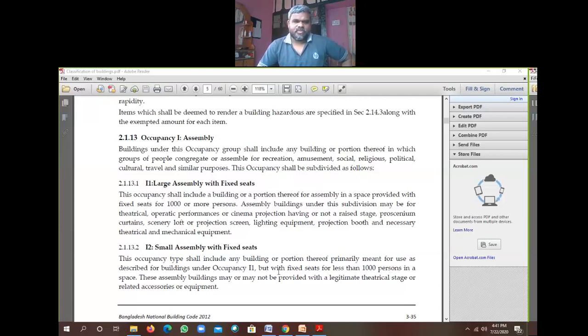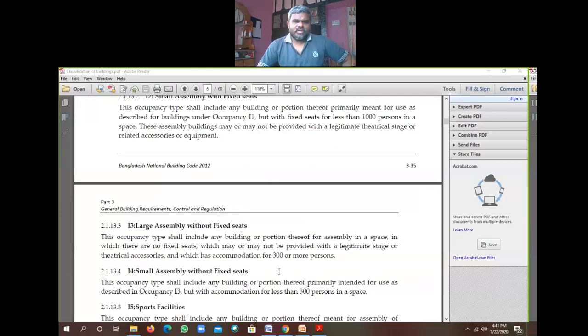Right. Occupancy I2, then I3 occupancy. This occupancy type shall include any building or portion thereof for assembly in a space in which there are no fixed seats, which may or may not be provided with a legitimate stage or theatrical accessories, in which accommodation is for 300 or more persons, right?